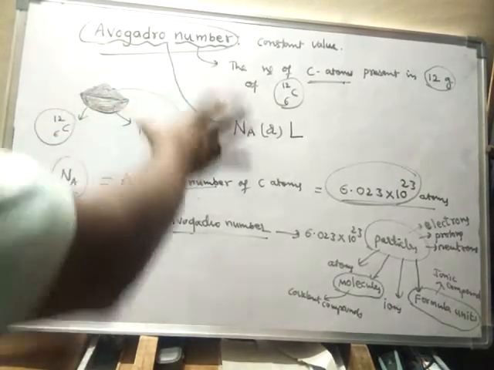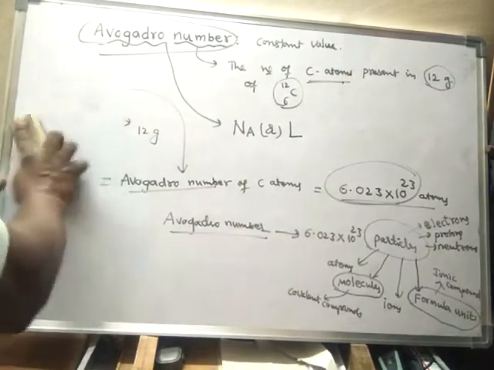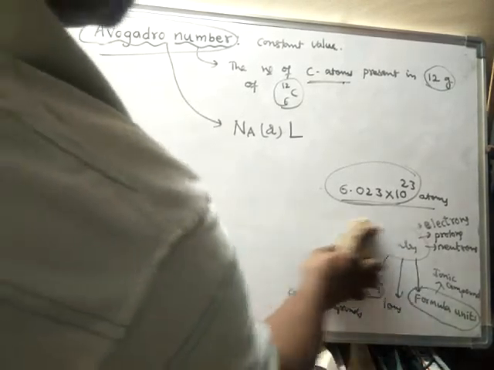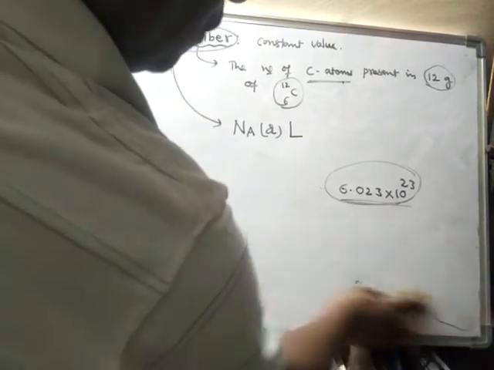Now we learn some more points about Avogadro number. What is Avogadro number? It is denoted by Na, and its value is 6.023 into 10 to the power of 23 particles. Generally we have to say particles.